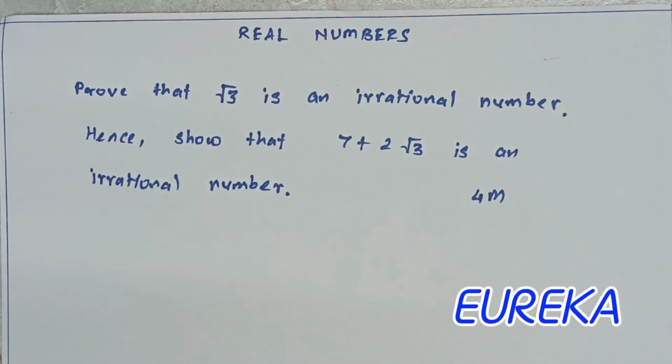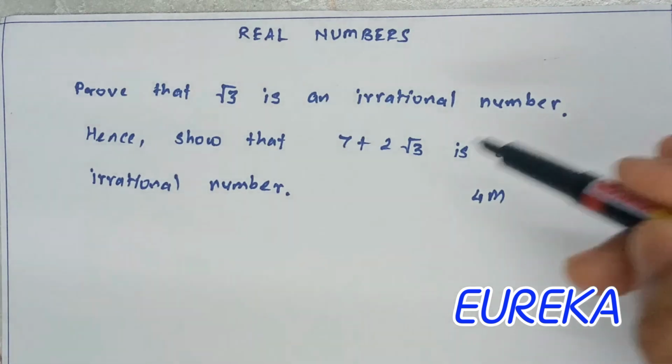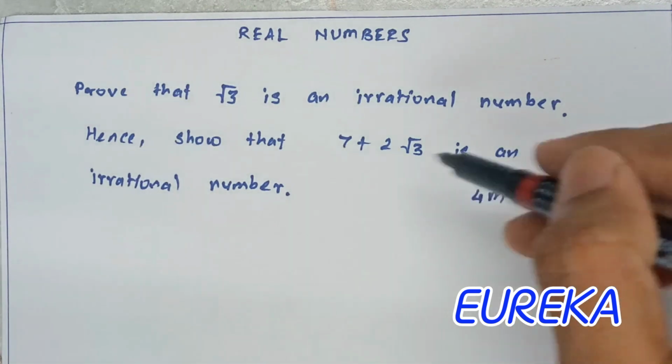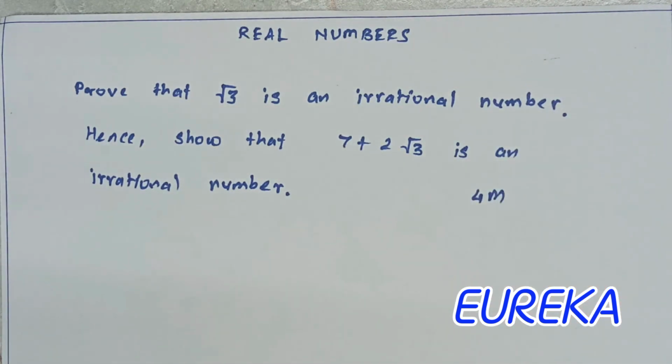Dear students, in case the question comes like this, where it is a combination of a rational and an irrational number, then we don't need to show all that. We will assume that root 3 is already shown to be an irrational number, use that portion as it is, and show that 7 plus 2 root 3 is an irrational number, but something we will have to show. That part we will discuss today.